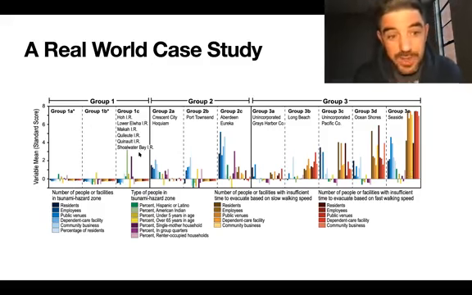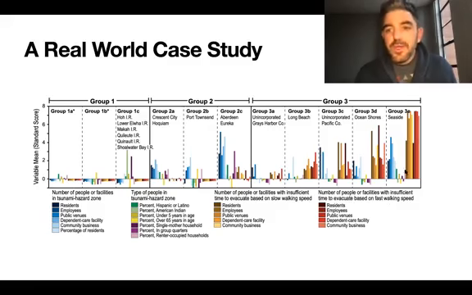What this analysis shows you is that there are these three different kinds of communities. The prior map shows you exactly where they are. In group 1A, these red and brown colors show you the number of people with insufficient time to evacuate based on a slow walking speed or a fast walking speed. In these group 3 communities, there are large numbers of people who do not have sufficient time to evacuate.